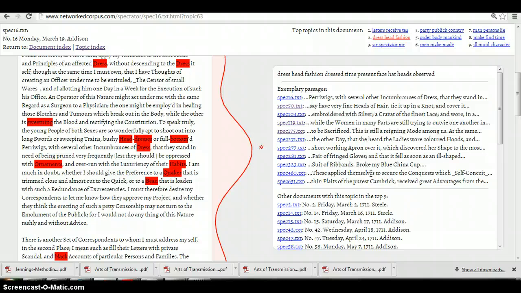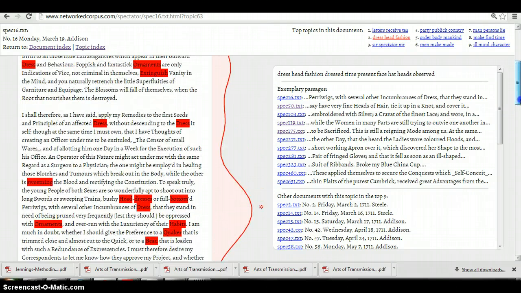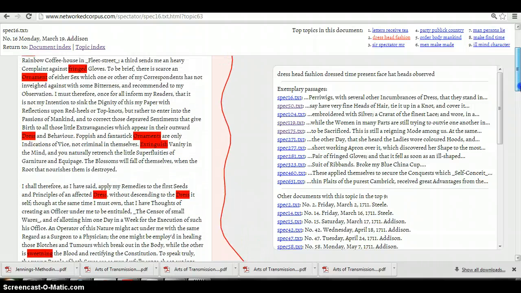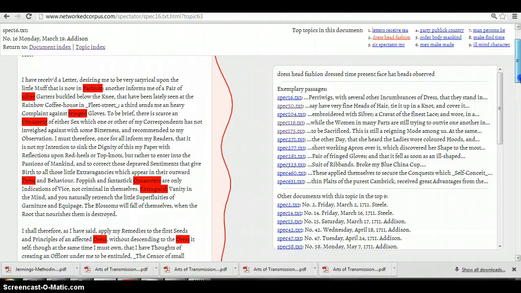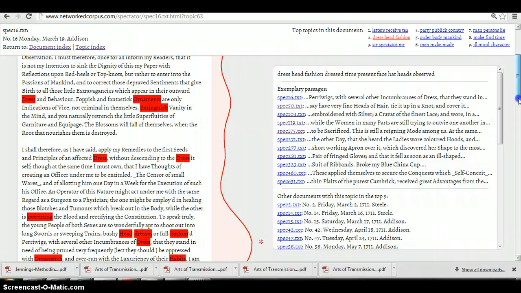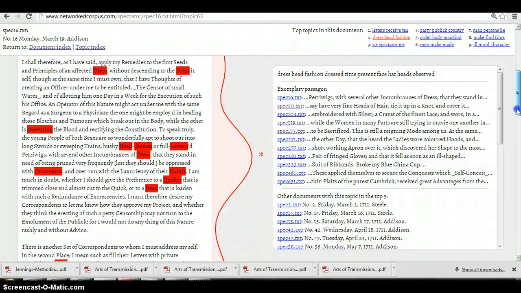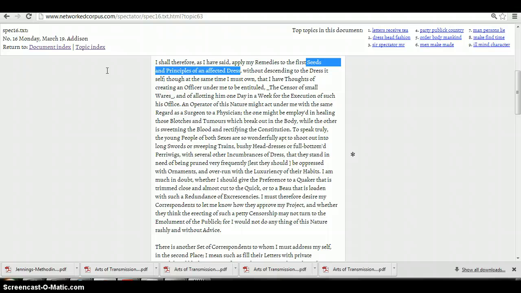Here we have a description of the seeds, principles of effective dress.